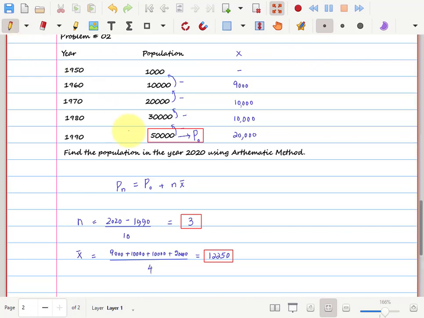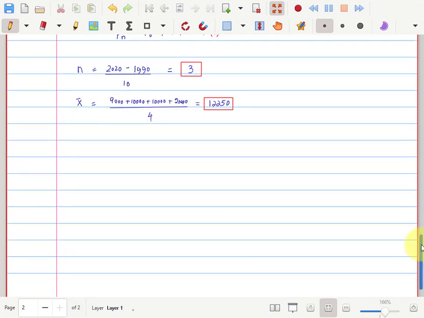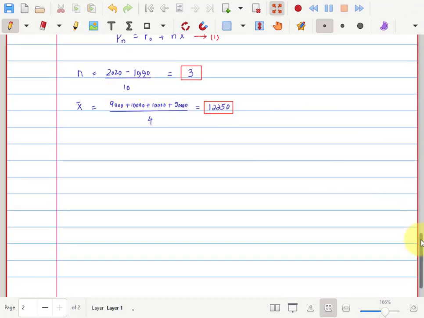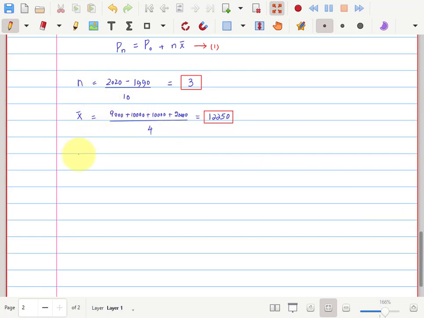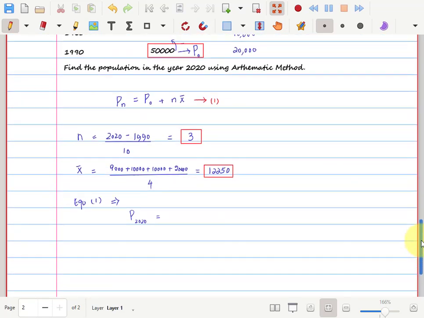Okay, let's say this is our equation number 1. So equation 1 will become Pn, the year for which we are finding population, right? So P2020 is equal to P naught. P naught is the population of the last year given to us. What is the population of the last year given to us? It is 50,000, right?